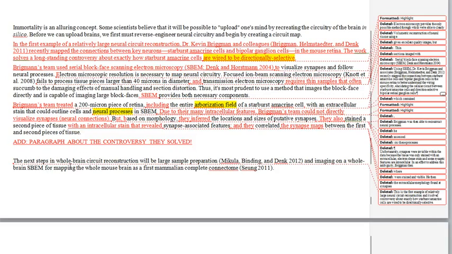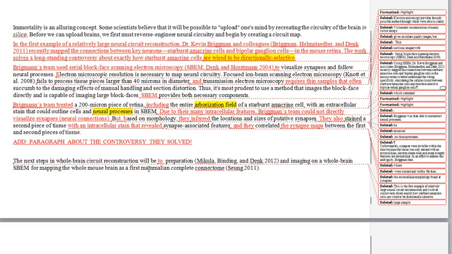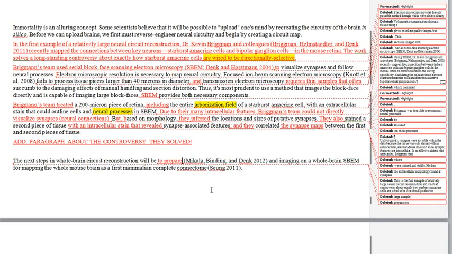So the next steps in whole brain circuit reconstruction, I'm going to leave the reconstruction, will be, and instead of saying large sample preparation, we don't need to say large sample because we're talking about whole brain, so that's implied. So will be to prepare, not preparation, to image, rather than imaging, and map.